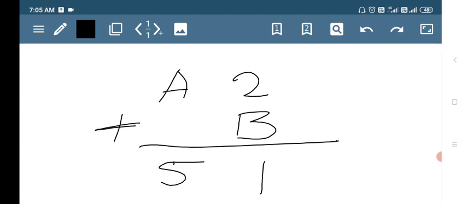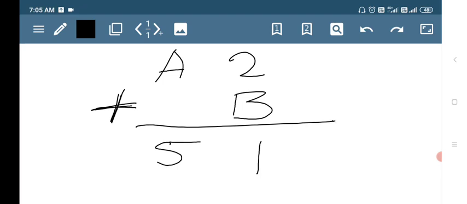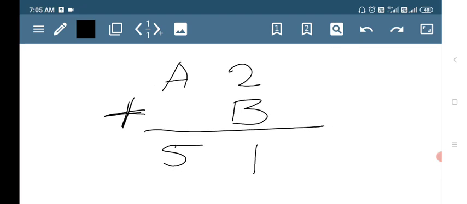Look here, dear students, the symbol here is for addition, right? So, to make it 51, what should be added to B to make it 1? If you add 2 plus 1, it is 3, right? 2 plus 4, it is 6, 2 plus 5, it is 7.